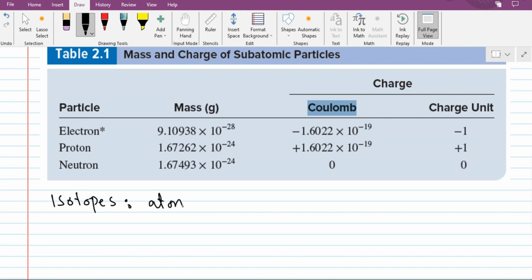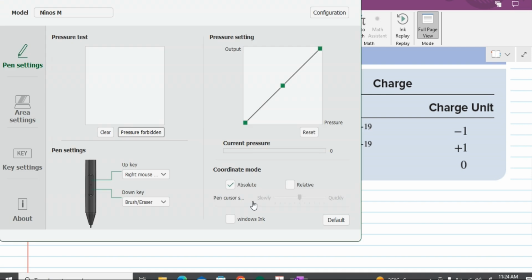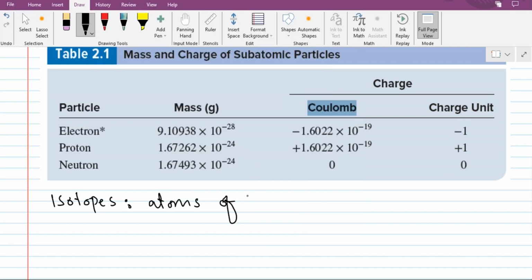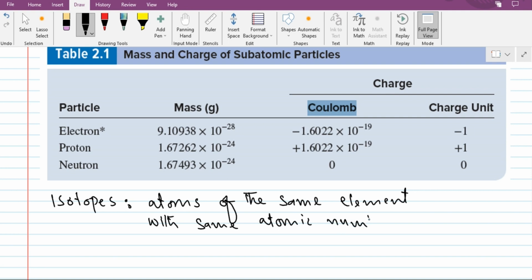Atoms of the same element with the same atomic number but different atomic mass.